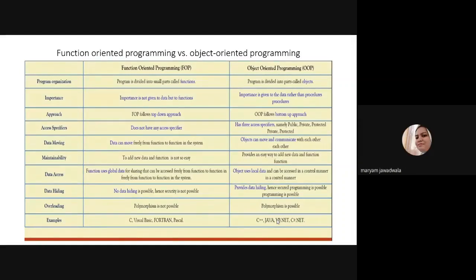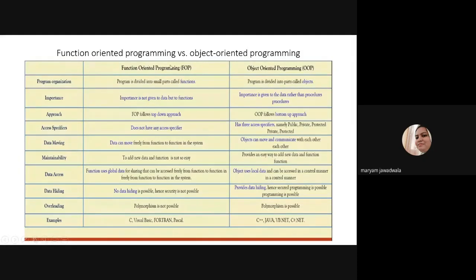Yes. Okay. So the first difference is program orientation. In function oriented programming, your entire program is divided into small pieces of code known as functions, right? But in object oriented programming, your program is divided into objects. Second important thing is importance is not given to data but to function.